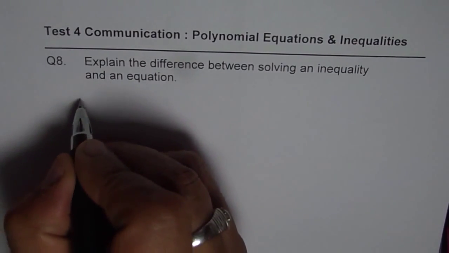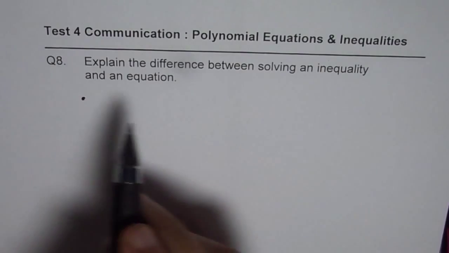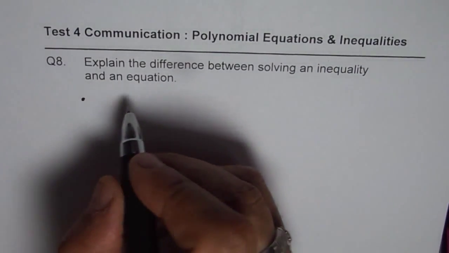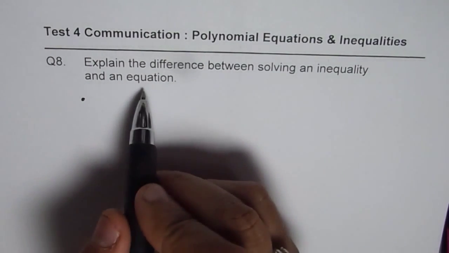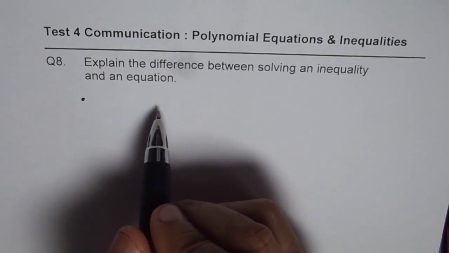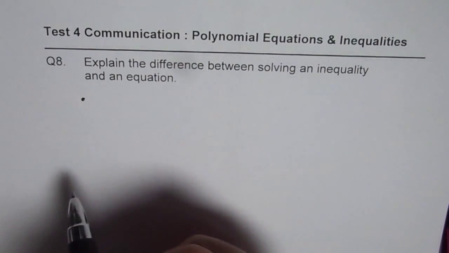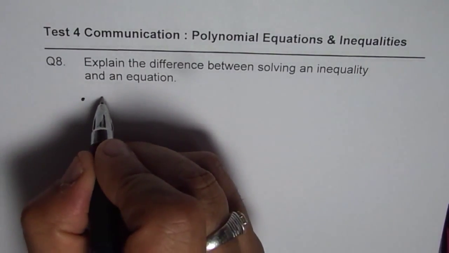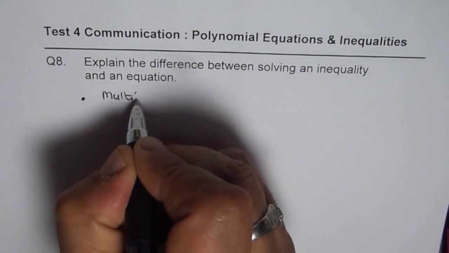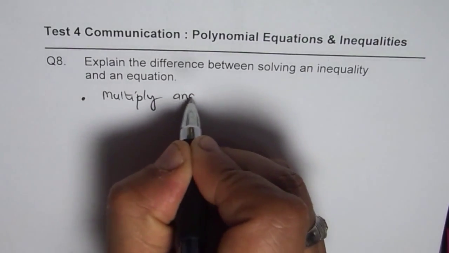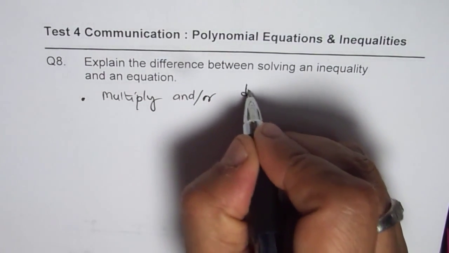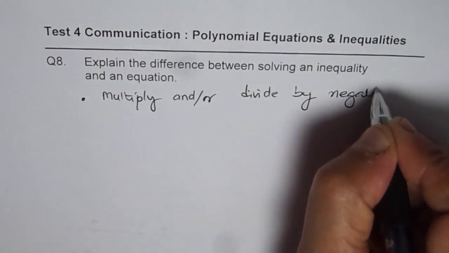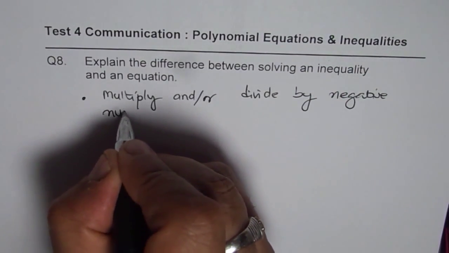There are actually two major differences between solving inequalities and solving equations. One of them is that when you solve equations, you can multiply and divide by negative numbers without changing the sign. Well, equality is equality, right? So when you solve equations, you can multiply and/or divide by negative numbers, correct?